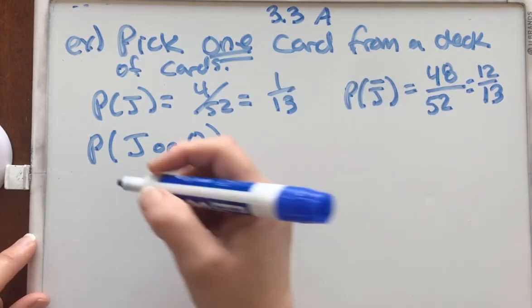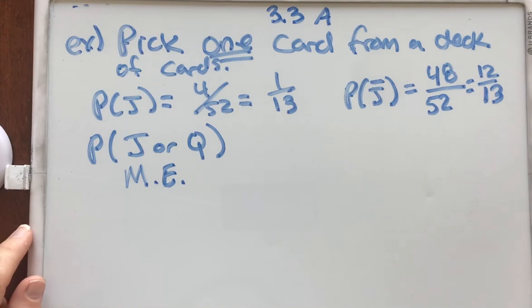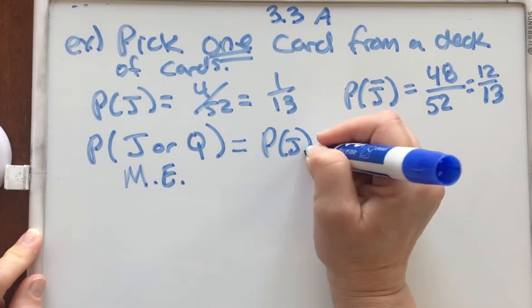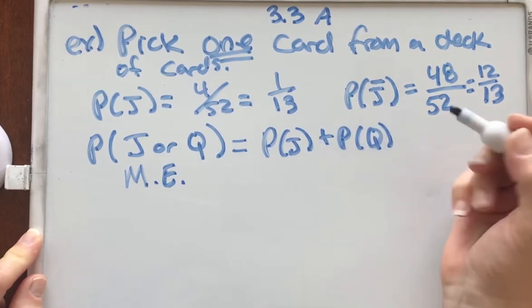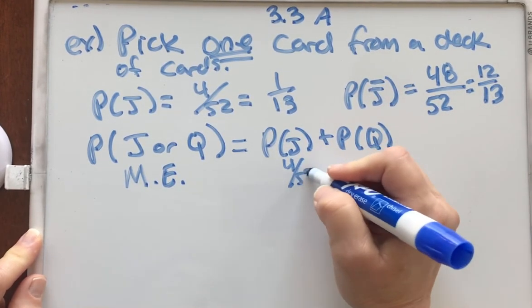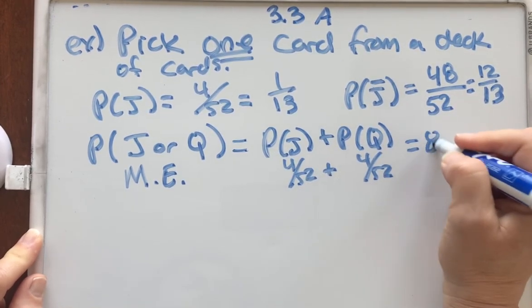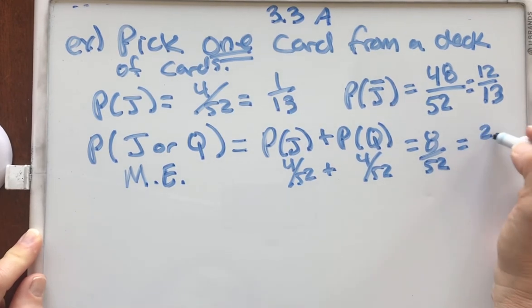Yes, it is impossible. So this is mutually exclusive. Now that we know what it is, we can use the appropriate formula, which is probability of a jack plus the probability of a queen. Jack is 4 out of 52. Queen is 4 out of 52. This equals 8 out of 52, and this reduces down to 2/13.